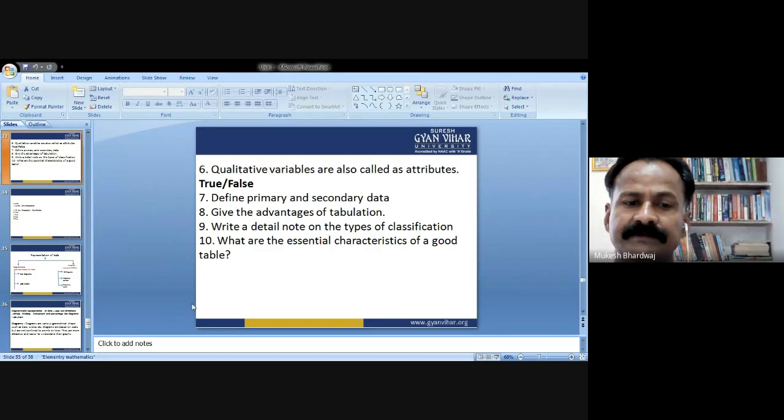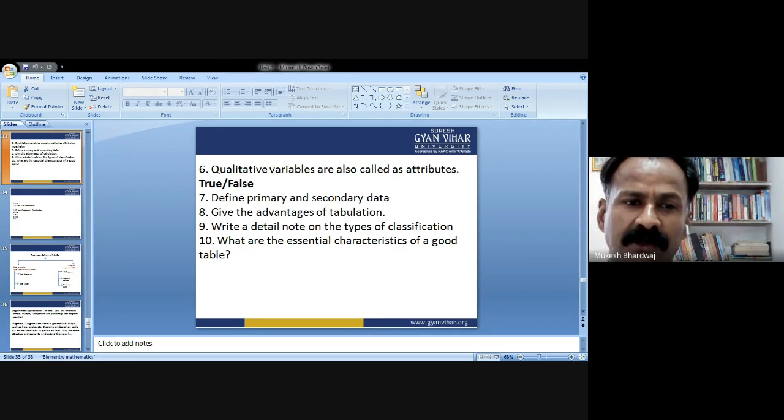True or false? I had told you in the PPT that qualitative variables can be called attributes. So this is a true statement.